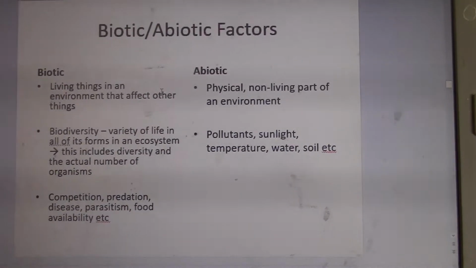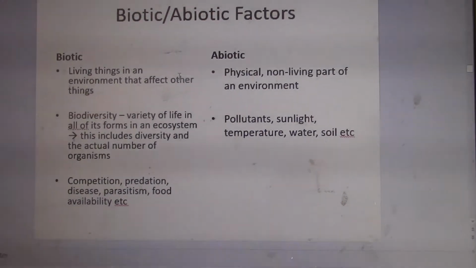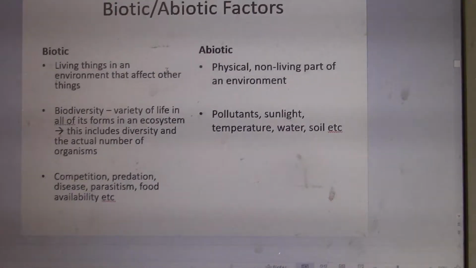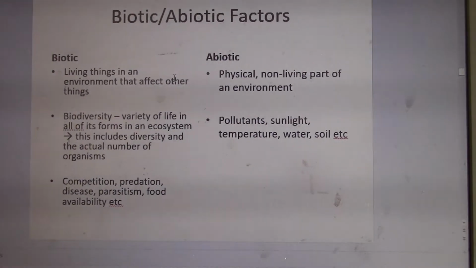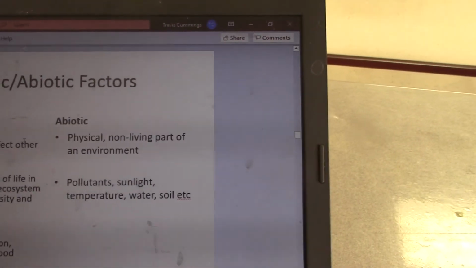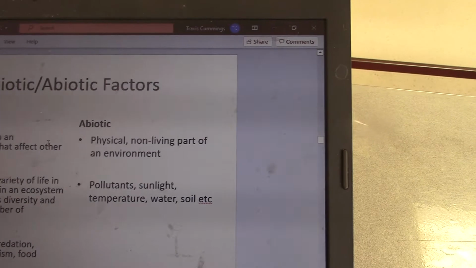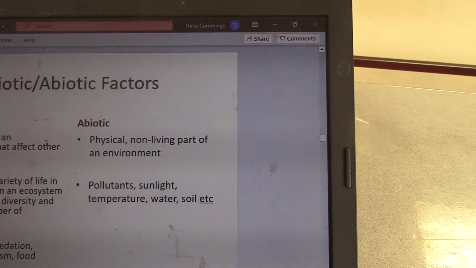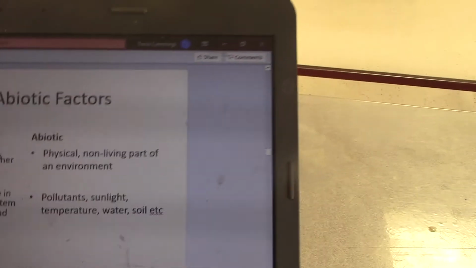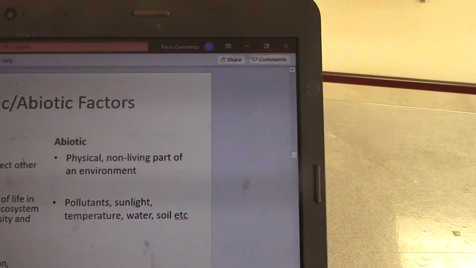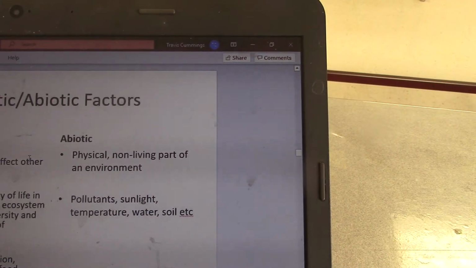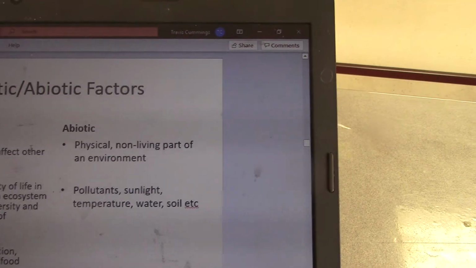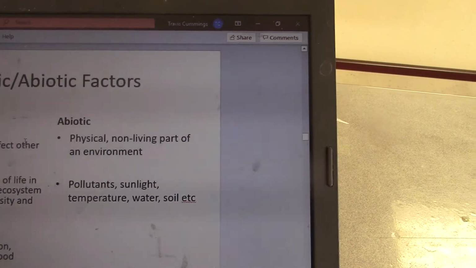So acid precipitation affects all these things, right? Competition, predation, disease, parasitism, food availability. Those are all biotic factors that affect growth. Something like nitric oxide or sulfuric oxide falling from fossil fuel burning, when it dissolves with water, would be an abiotic limiting factor. But you can see that it affects soil quality. It affects the types of metals that are present in the soil.